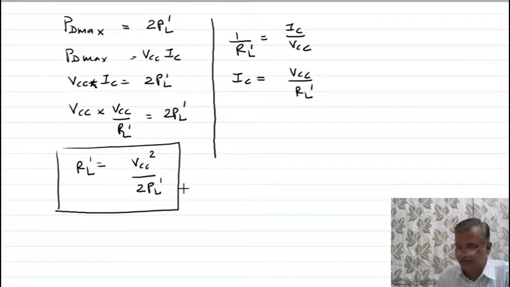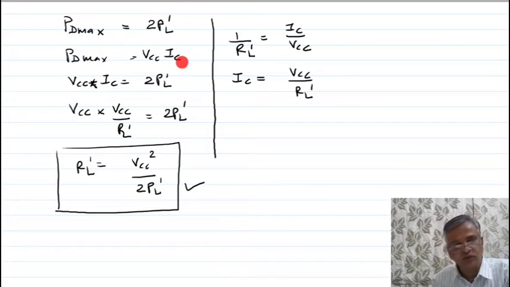Remember this equation for your designing of a transformer. Look here how we have derived this equation. PD max for a given transistor is nothing but 2PL dash. We know this. What is PD max? VCC into IC.